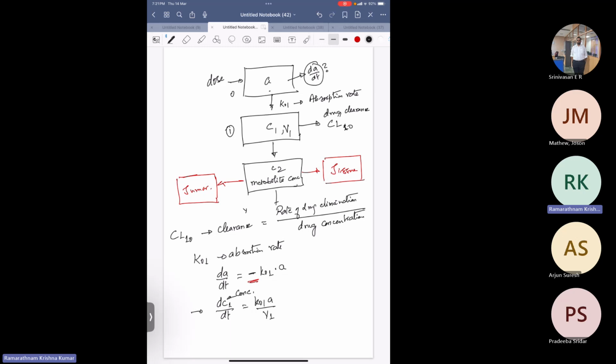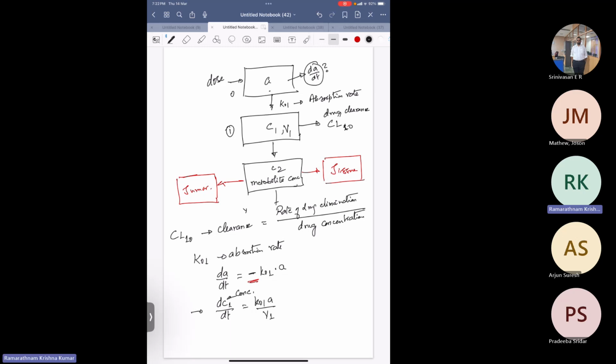In fact, this is how they find out the blood volume. You inject something, a tracer, then you measure the concentration. You know how much amount you injected, from which you can find out V1. This is the usual way of finding out blood volume, for example. Or else, how would you know blood volume?